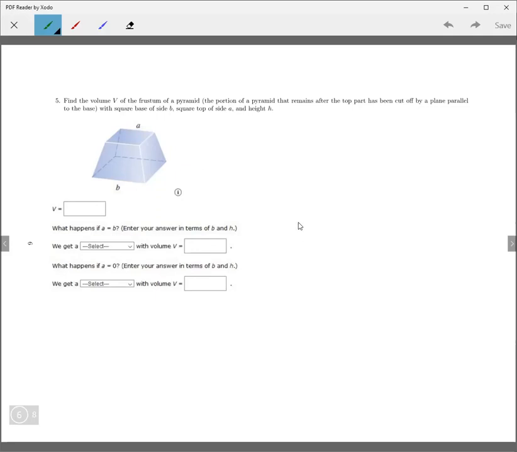Okay, now, so what you want to do here is take cross-sectional areas as you're going up the frustum from the base. So maybe you think of it this way.